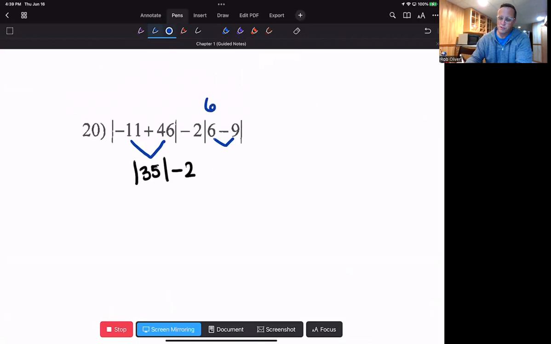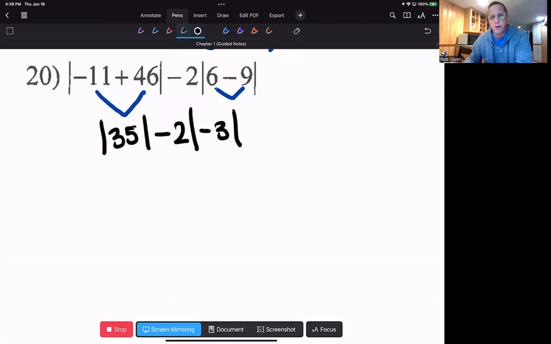So the absolute value of 6 minus 9, well, that's really the same as 6 plus -9. 6 plus -9 is -3. All right, so what you want to note here is that we've got a 2 with no symbol between that and the absolute value sign that's next to it, which is inferring that we should multiply those. We're going to do -2 times the absolute value of -3.